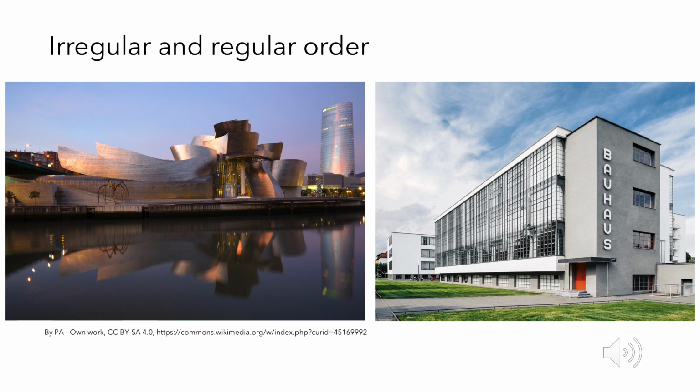That contrasts quite well with the photo on the left-hand side, which is of the Guggenheim Bilbao, which is a beautifully irregular building, and that's really its charm, that it is something that is not expected. It diverges from what one might imagine of a building to become something really quite fantastic.